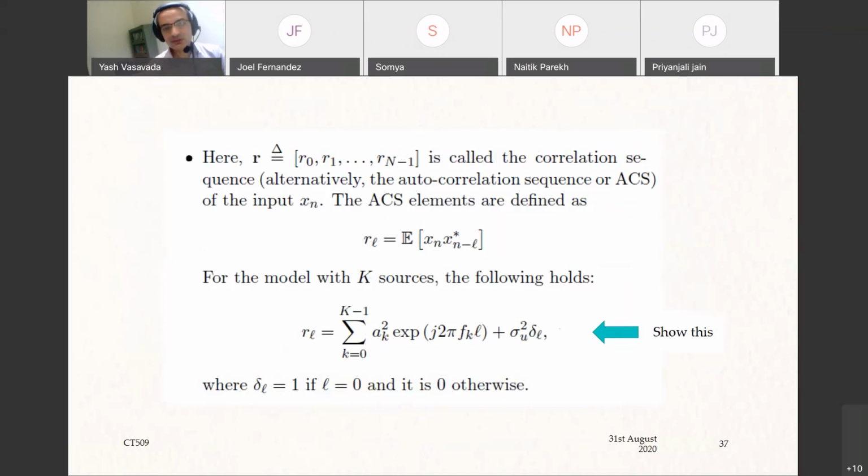By the way, those of you who are working on OTFS, orthogonal time frequency space, would know very well the difference between the time variable and the delay variable.